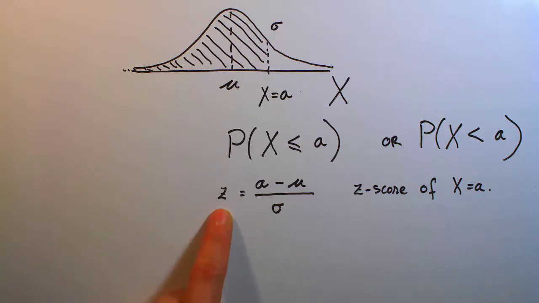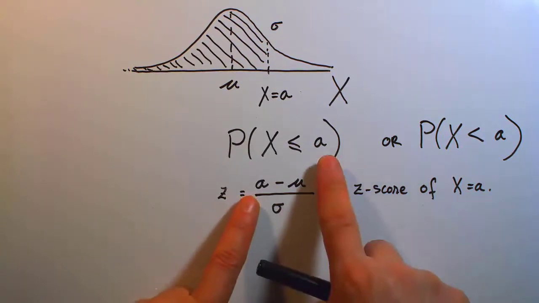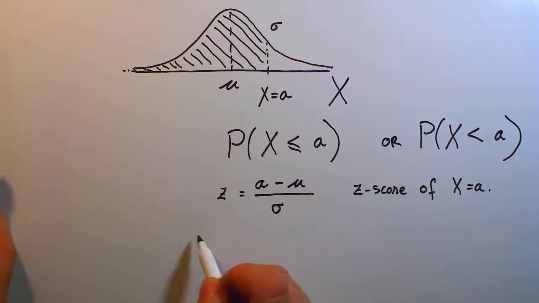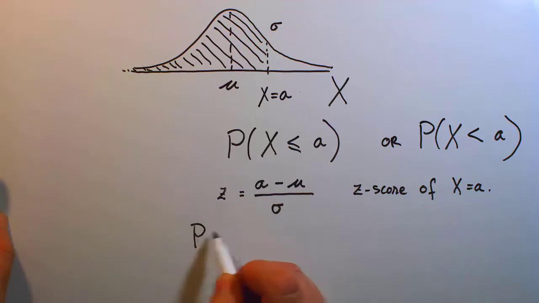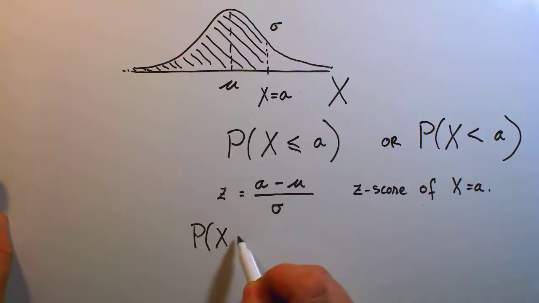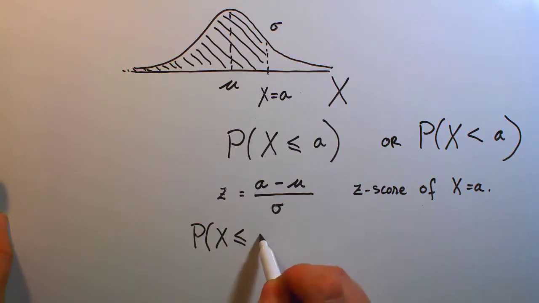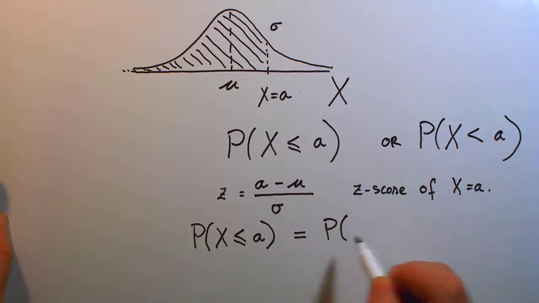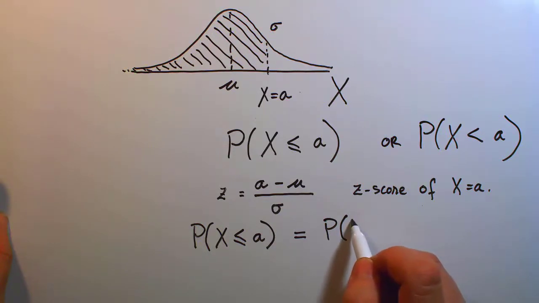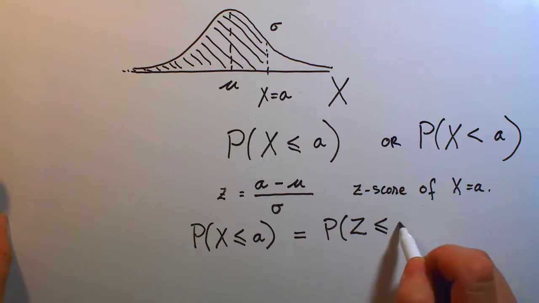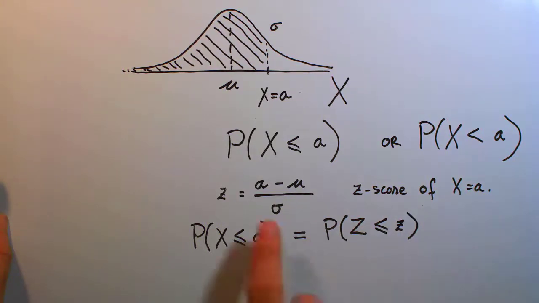Once we found the z-score of our designated value a, the fundamental connection between any general normal distribution and the standard normal distribution is that this area shaded to the left-hand side of our general normal distribution will be exactly the same area, the same probability, as on our standard normal distribution, the area being less than or equal to the equivalent z-score that we calculated.